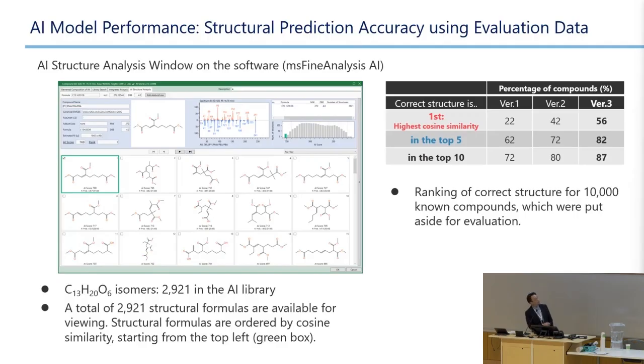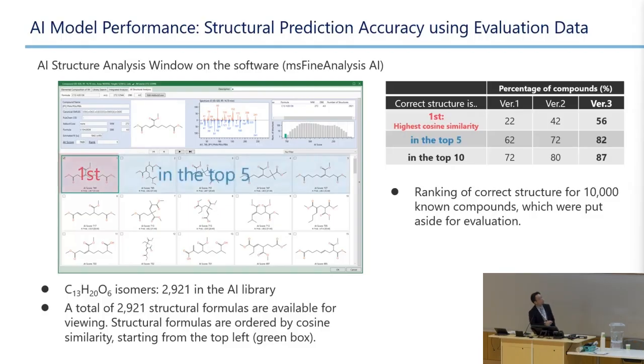First means the correct structure had the highest cosine similarity value in the AI library, so the first candidate should be here. Using the 10,000 known compounds, 56% of compounds are positioned at the first position.